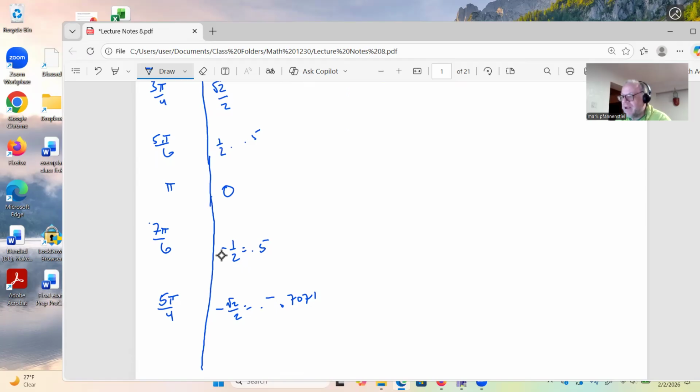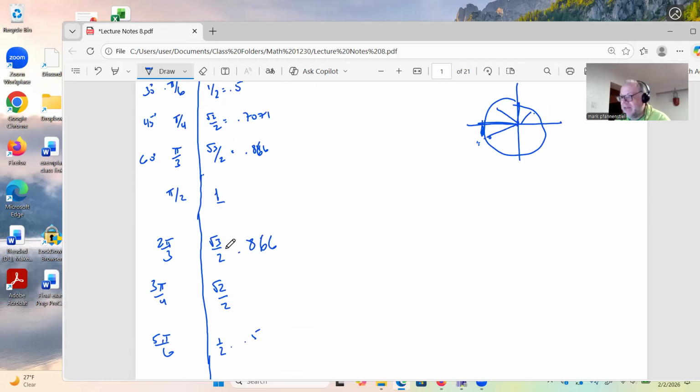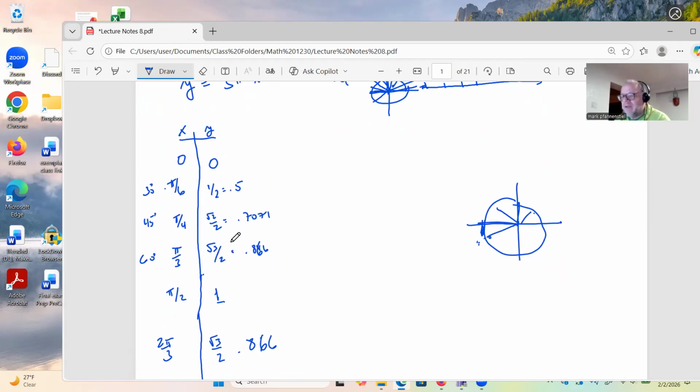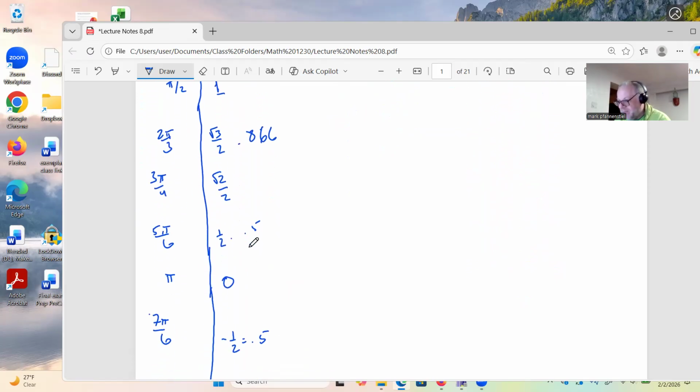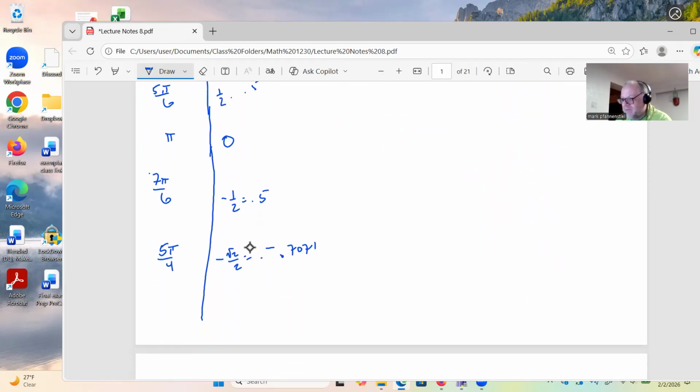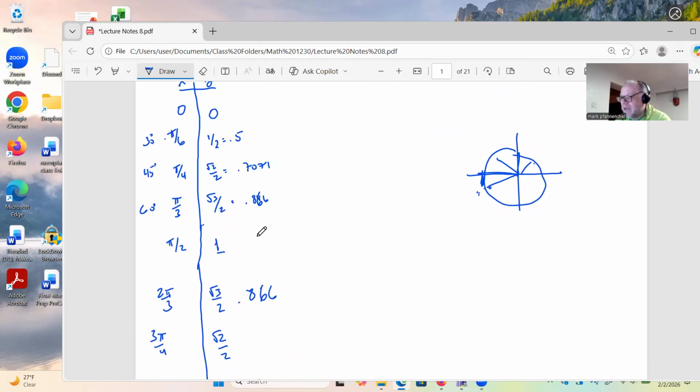4 pi over 3 is the next one. My reference angle for 4 pi over 3 is pi over 3. If I do 4 pi over 3, it's going to be here.